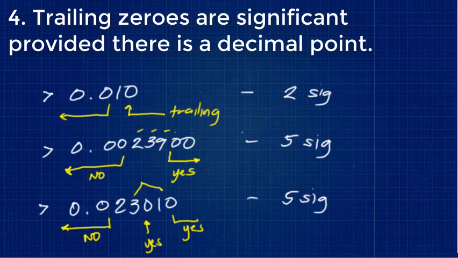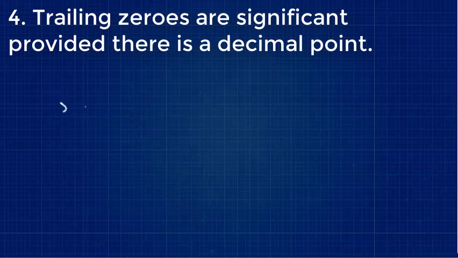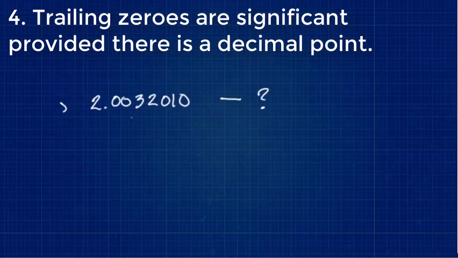And a few more examples. Then what if you have 2.003210? How many significant figures are there? Using the rules that we've learned, as you can see here, looking at the left side, there are 2 zeros and a non-zero digit.